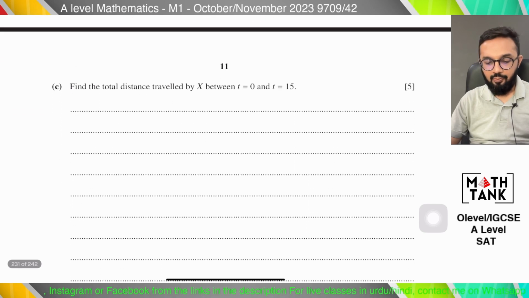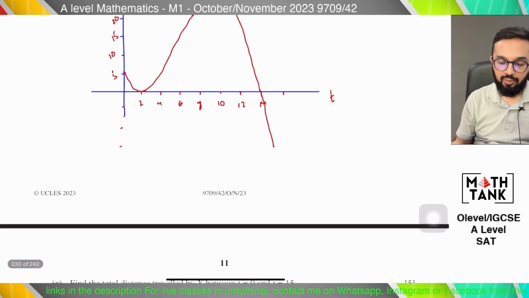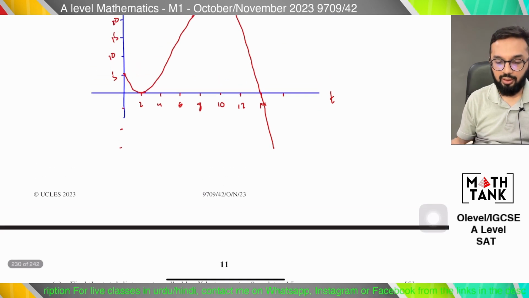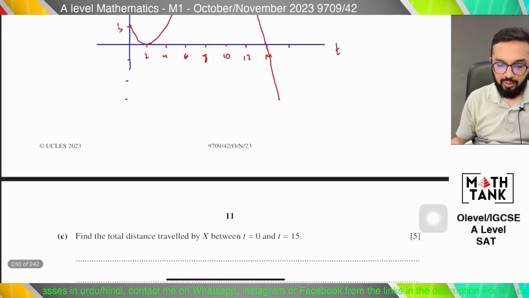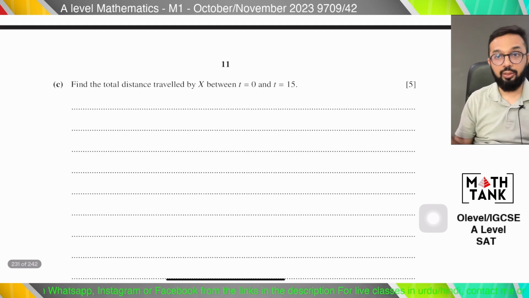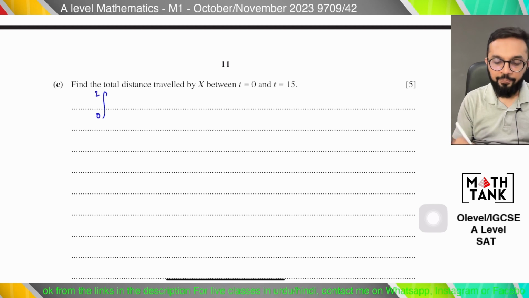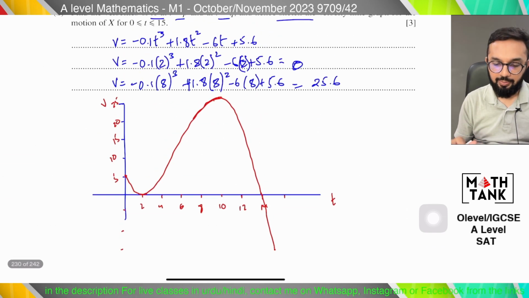Okay, find the distance traveled by x between t equals 0 and t equals 15. Now remember that whenever you are integrating, it's important to realize that you have to integrate wherever it turns, and if it goes below the axis, then you have to make sure that the negative turns into a positive as well. So I'm going to integrate from 0 to 2 first. What is my expression for integration?